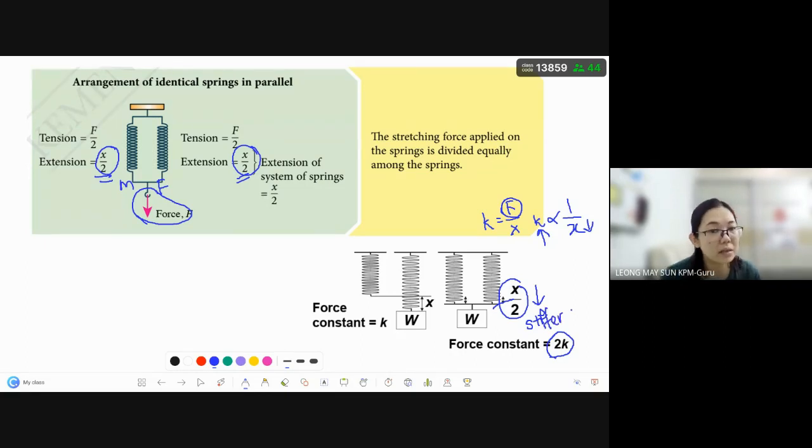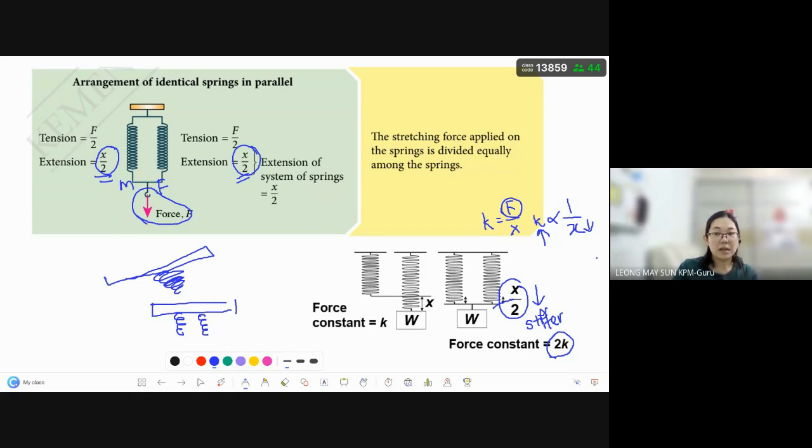Okay, that's the reason why when you go out and play, you see the kids' seesaw nowadays, they don't put one spring in the middle. The recent one is when I brought my kids to IKEA, Ikano Power Centre. Instead of using one spring, they put two springs parallel to each other.